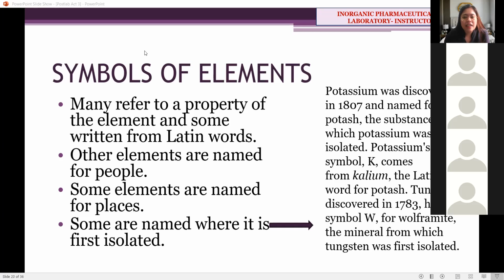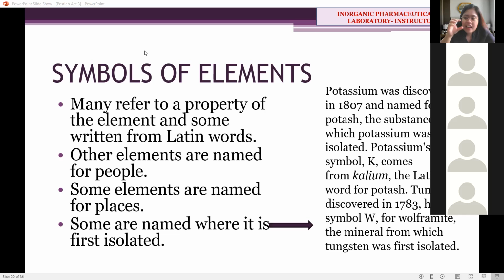So dili na siya about sa place, but instead kung asa nakuha, asa na-isolate ang isa ka element. Unsa nga butang siya first na-isolate. To give you an example, potassium was discovered in 1807 and named for potash, the substance from which potassium was first isolated.